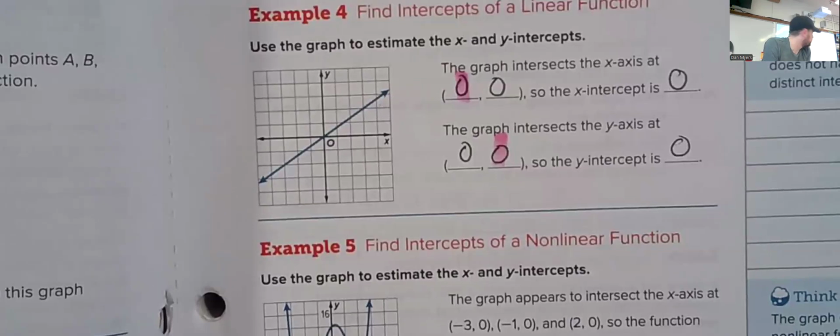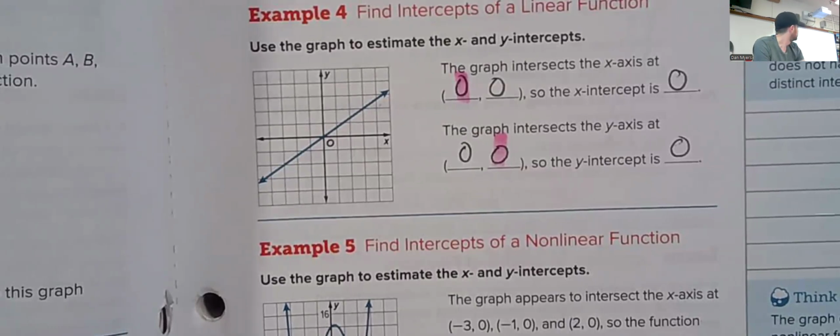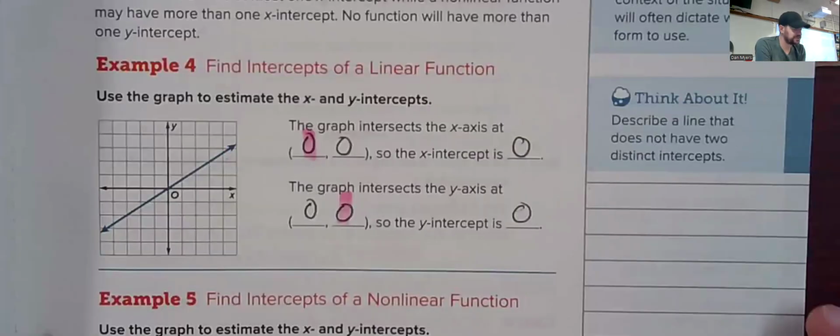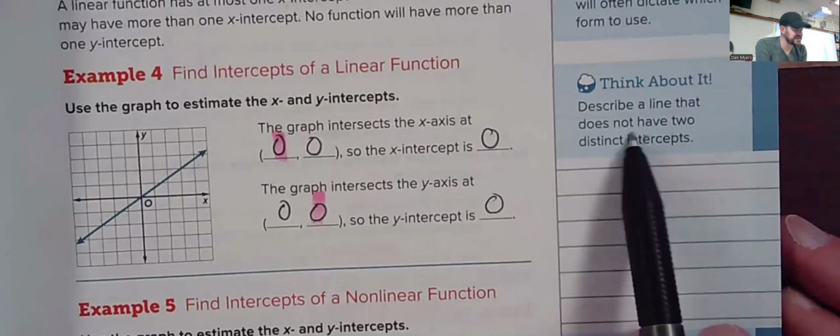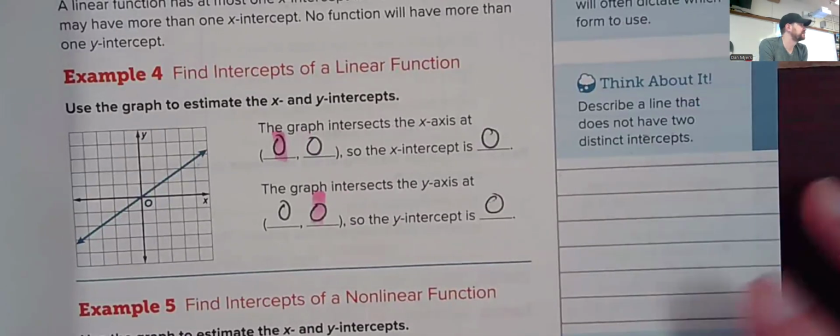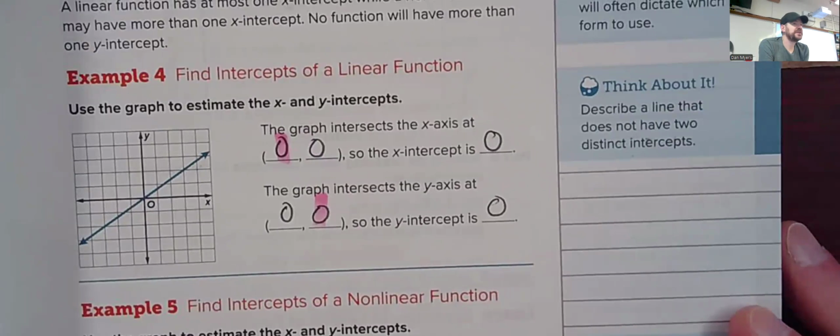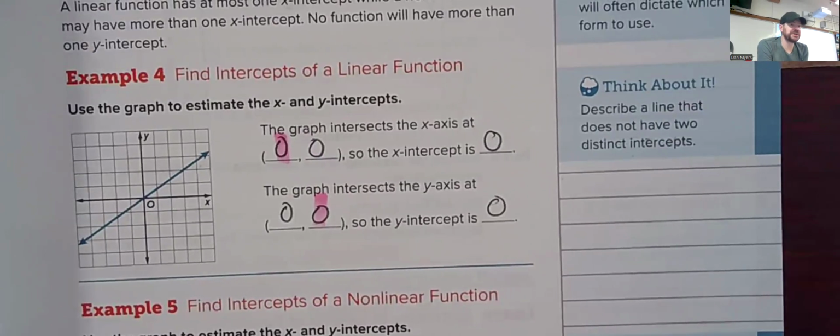But identifying x and y intercepts, you've done this before. What about this thought over to the right-hand side? Describe a line that does not have two distinct intercepts. Can you have a line that is a function that only crosses one of the two axes?